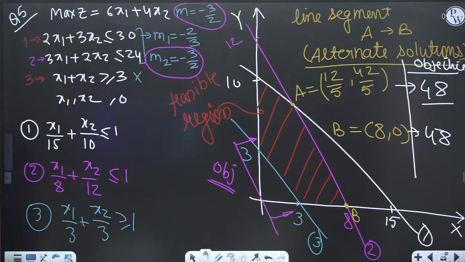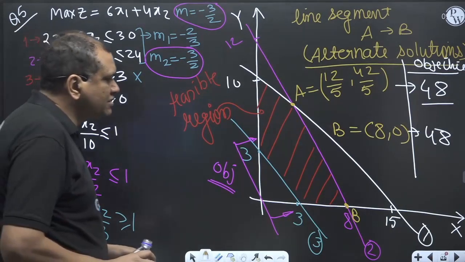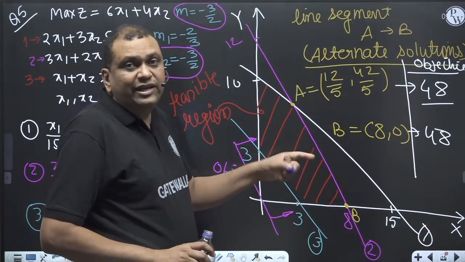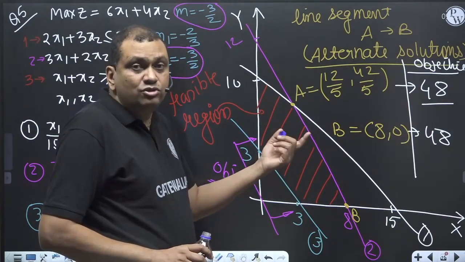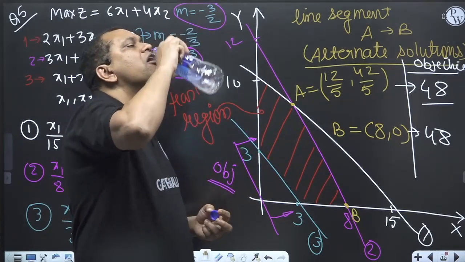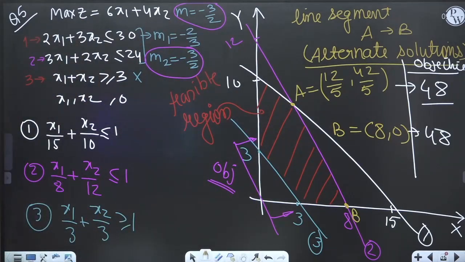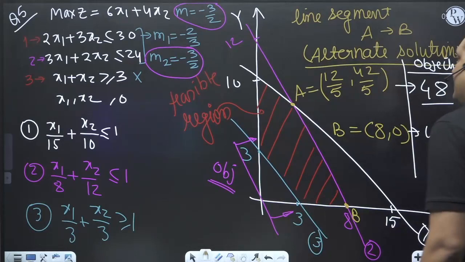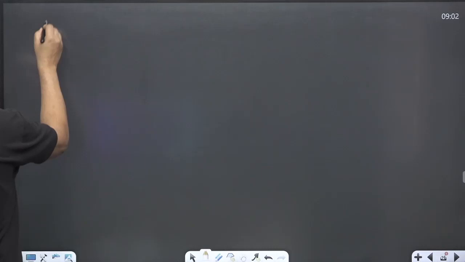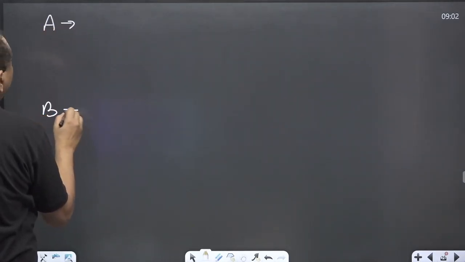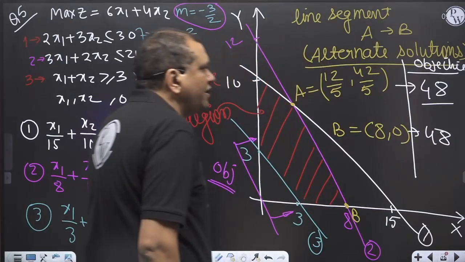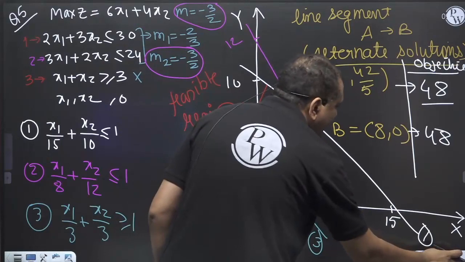Now, some of you may ask: you are saying that on the line segment between A and B there will be infinite points, so where are those infinite points? How exactly to calculate infinite points? Point B is 8, 0, and point A is 12 by 5, 42 by 5.